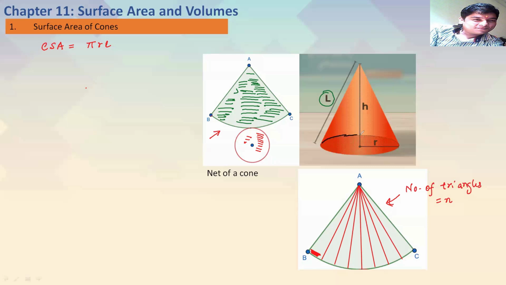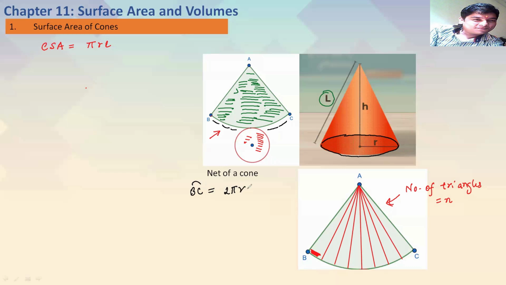This circumference opened up like this, right? BC. Do you notice that? Yes, sir. So arc BC is going to be the circumference of the base, that is 2 pi r.